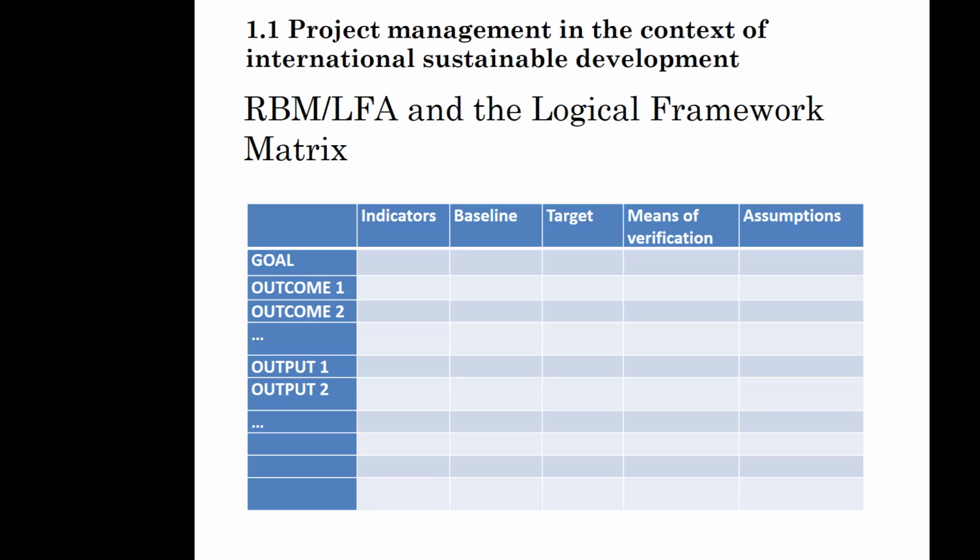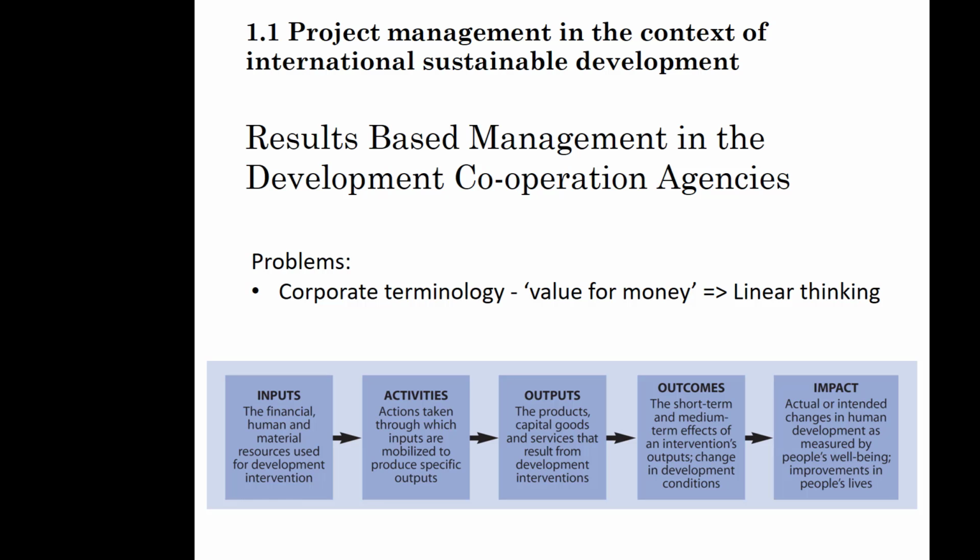So this will be a very easy way of going around responsibility. These project management approaches had also some other problems, like this type of linear thinking, this type of corporate thinking, such as value for money, meaning that the project clearly concentrated on only the pathway in which they were working on.